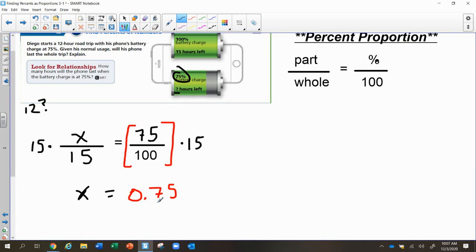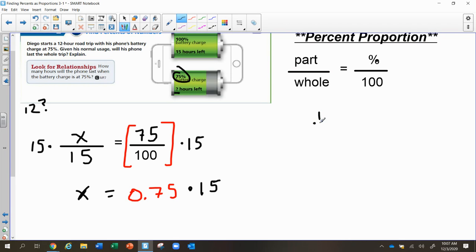Now over here, I have 0.75 times 15. If you're thinking back to Monday and Tuesday, this equation right here is exactly what we were doing then, when we were looking for 10% of a number, or 13% of a number.